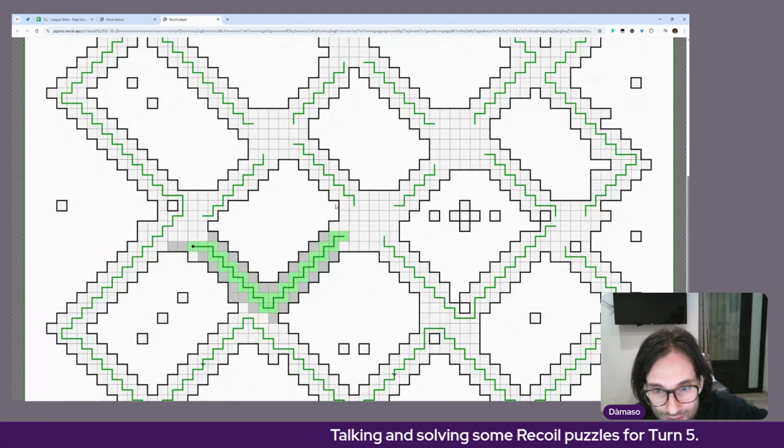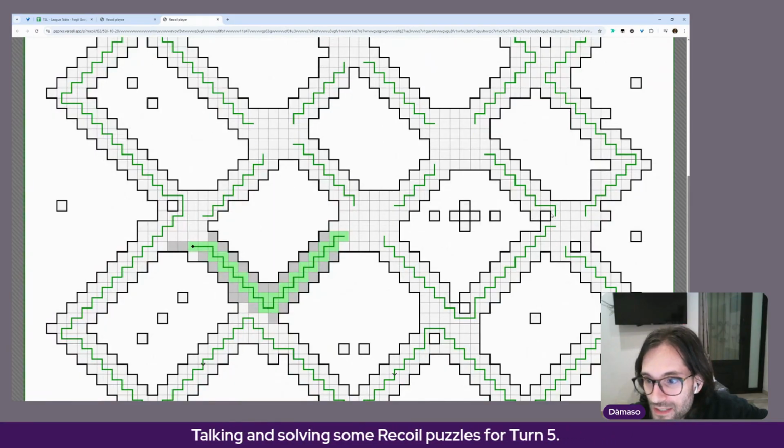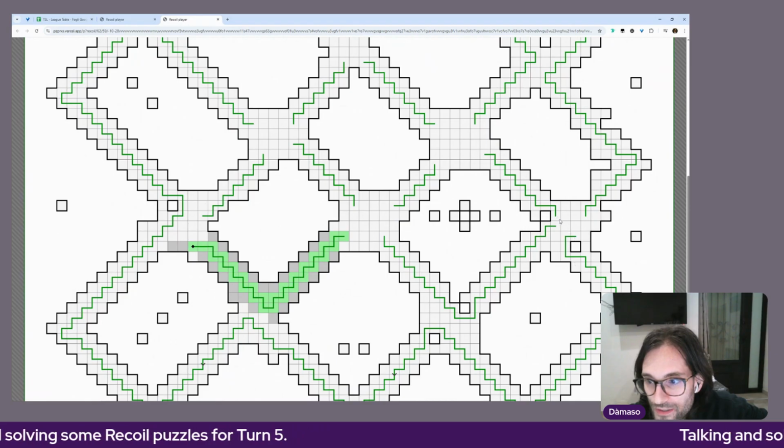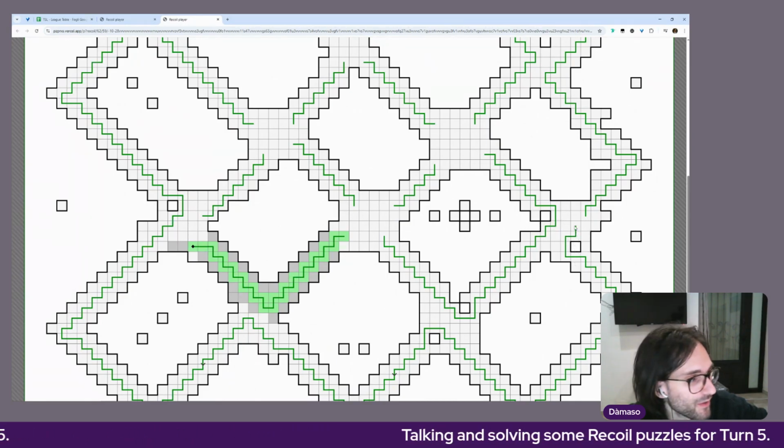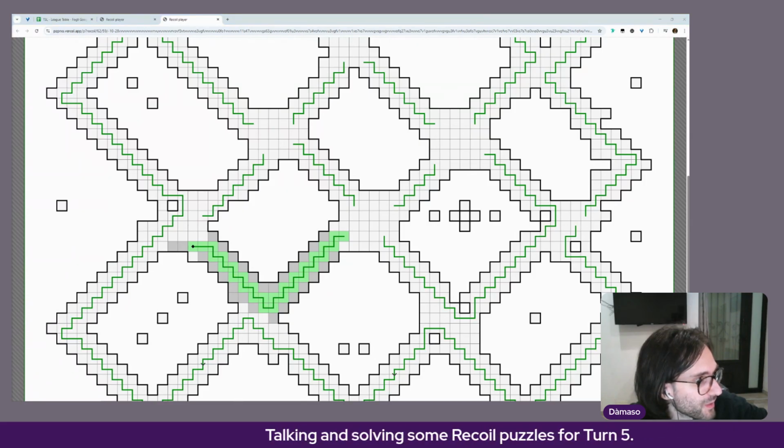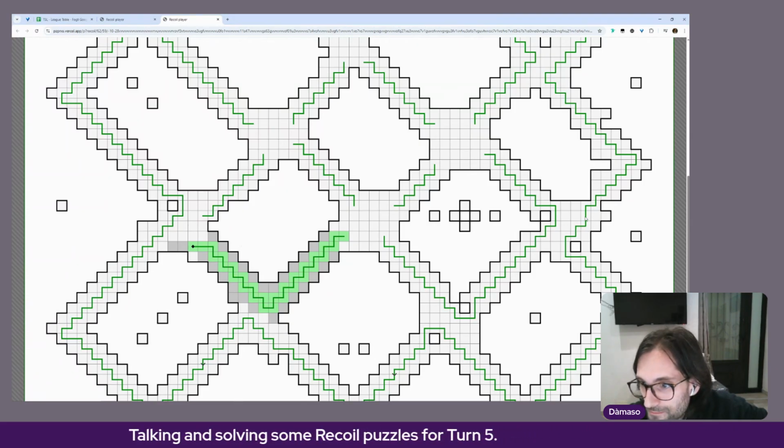That symmetry, that parity thing, means that from this side you must go through here to go through here. And so those connect exactly this way and not the other way around.